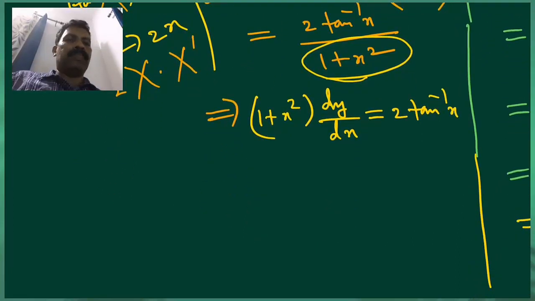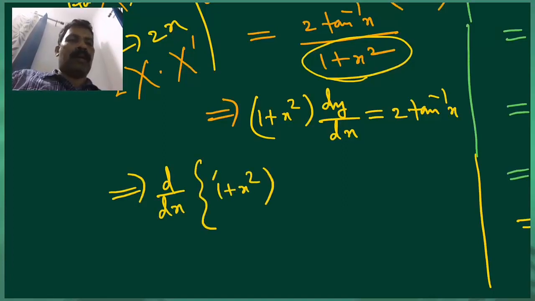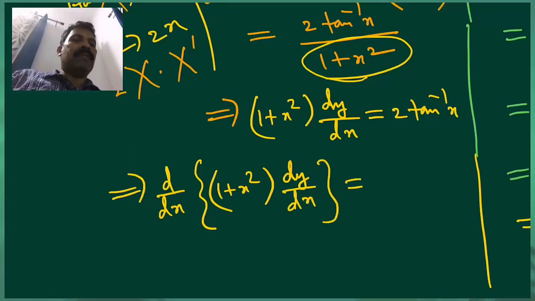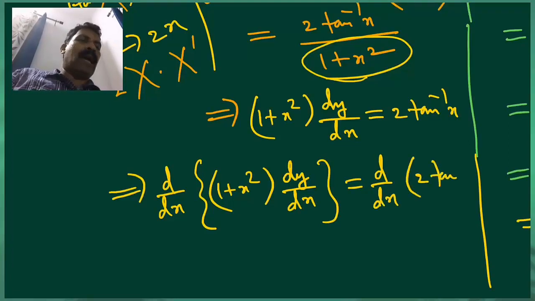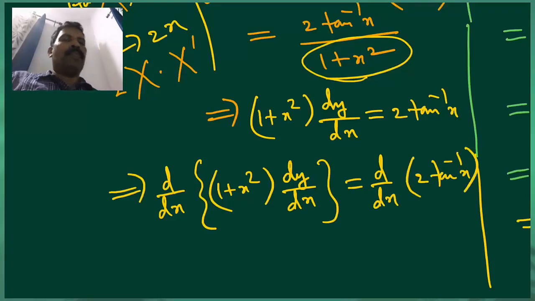So again we are differentiating, that is d by dx of 1 plus x square into dy by dx, then that is d by dx of 2 times tan inverse x.